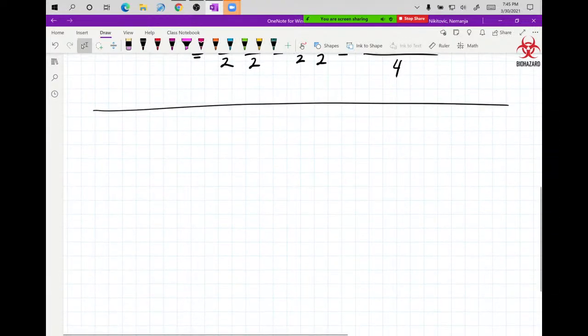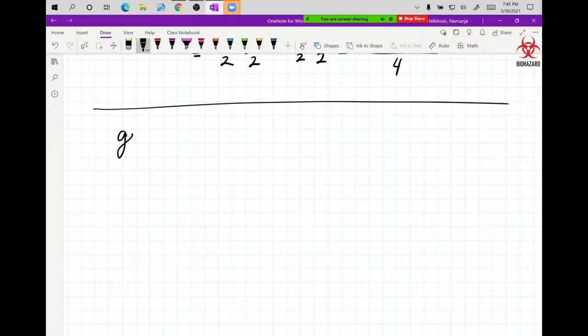Let's see. Get cosine of 7 pi over 12 using 7 pi over 12 is pi over 3 plus pi over 4.